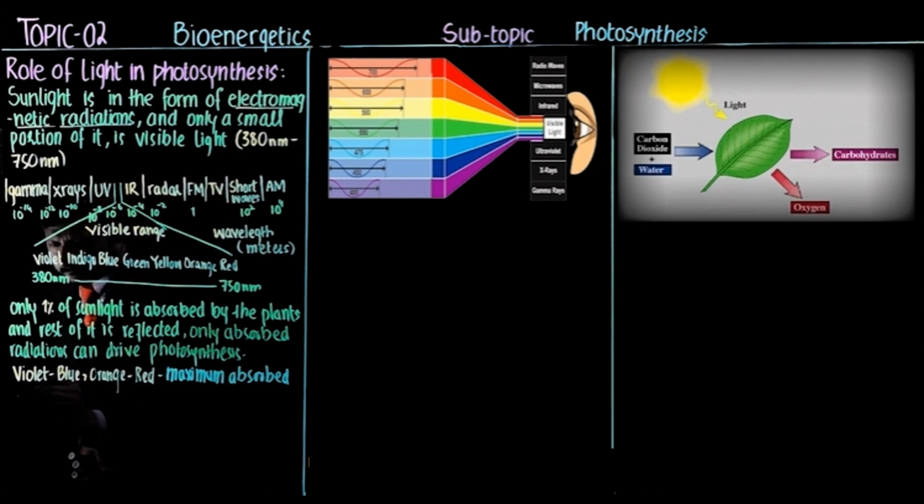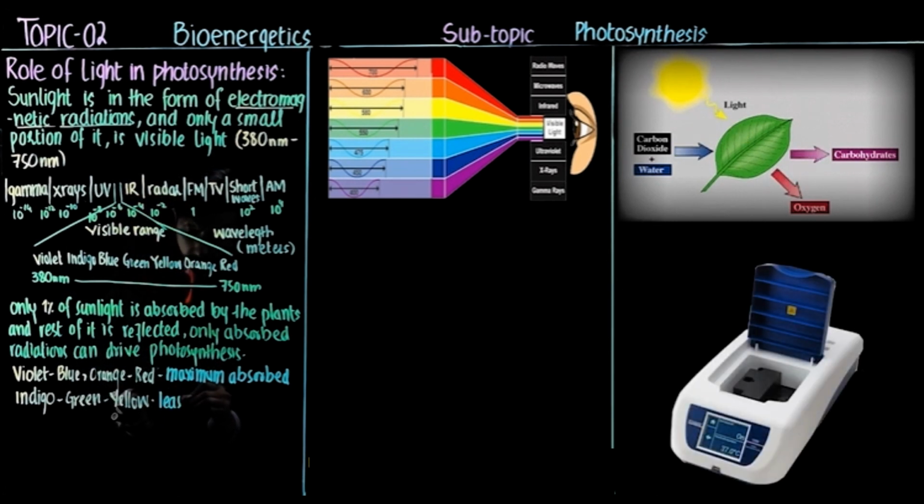While indigo and green and yellow are least absorbed, so they take the least part in deriving photosynthesis. Clear?